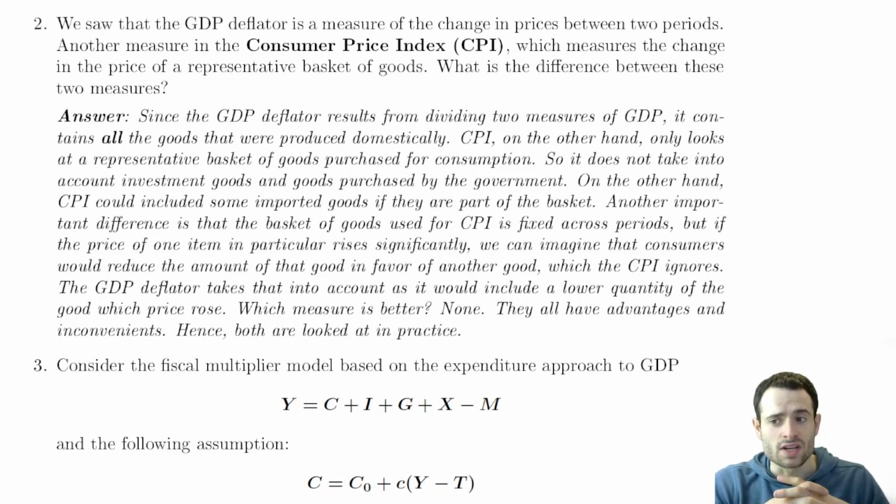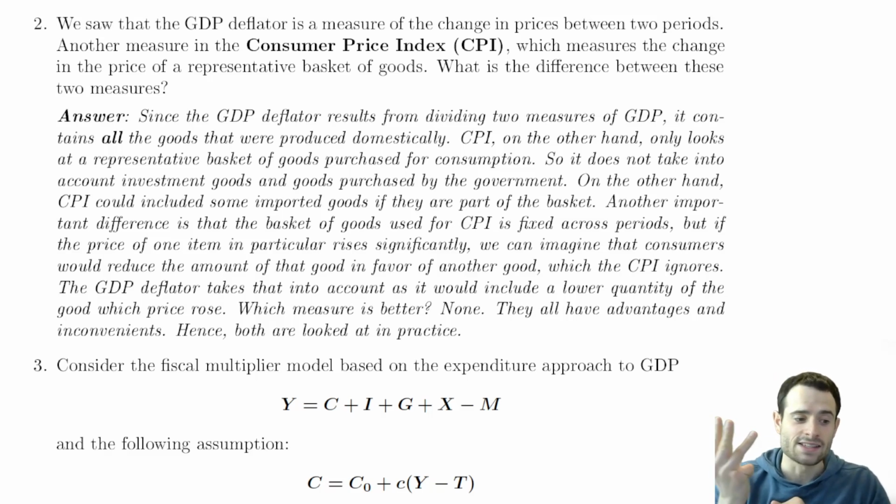So the CPI, for instance, does not take into account investment goods or goods purchased by the government. But the GDP deflator does, because GDP deflator is a ratio of GDPs, and GDPs include C, but also I, G, X, and M in its measure.